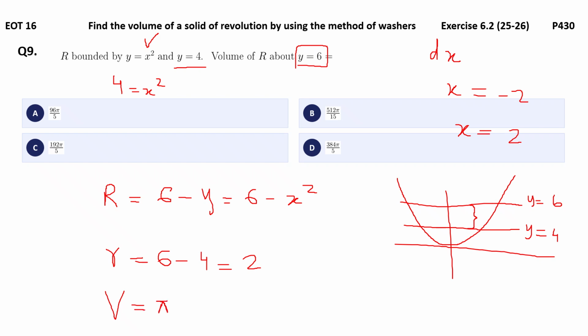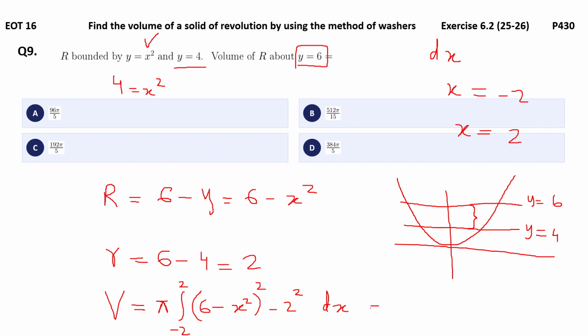Volume is pi times the integral from negative 2 to positive 2 of the outer radius square, which is 6 minus x square, the whole square, minus the inner radius square, which is 2 square, dx.